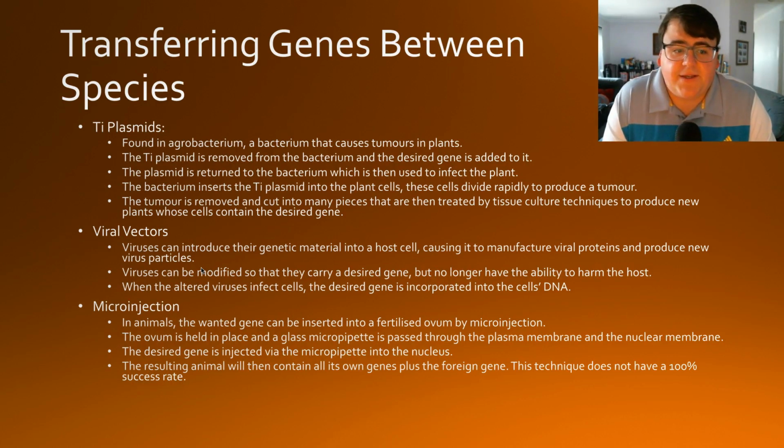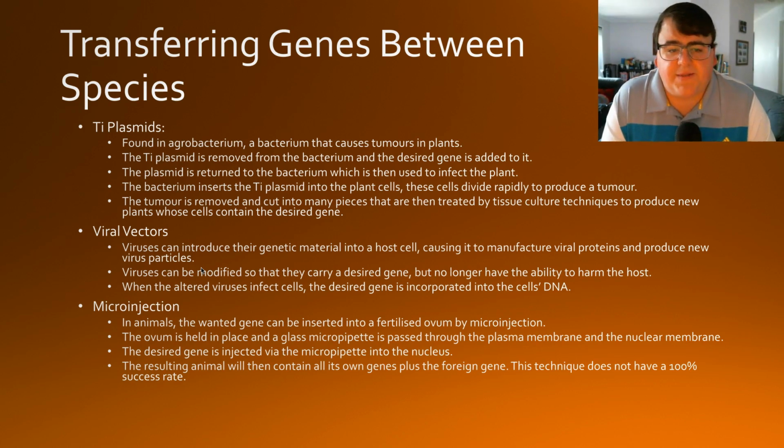TI plasmids are generally going to be used in plants, so we're basically introducing a gene into a plant. A TI plasmid is something that's found in agrobacterium. Agrobacterium is a bacterium that causes tumours in plants. So we remove the TI plasmid from that bacterium and we add the desired gene to it.